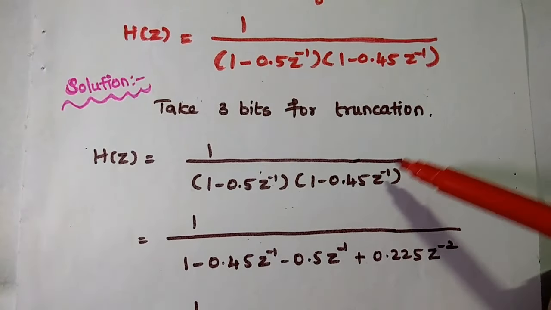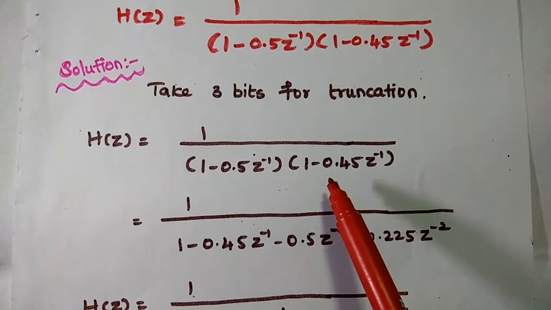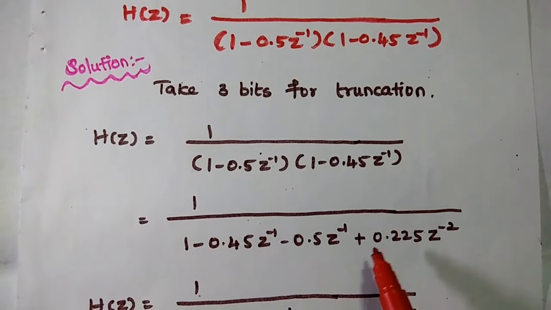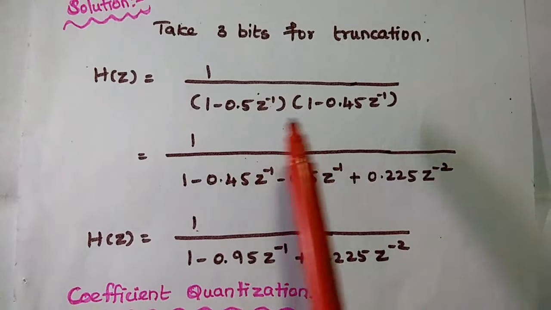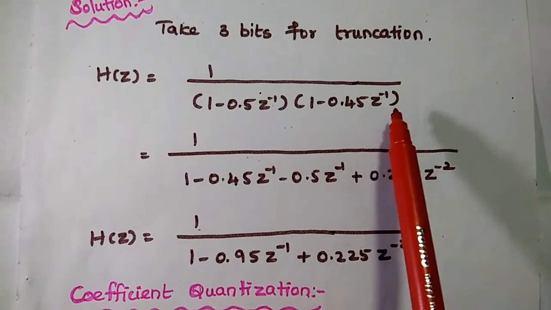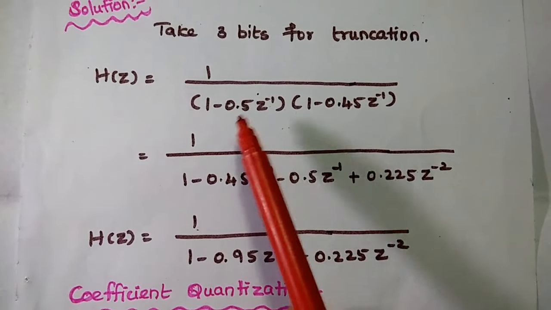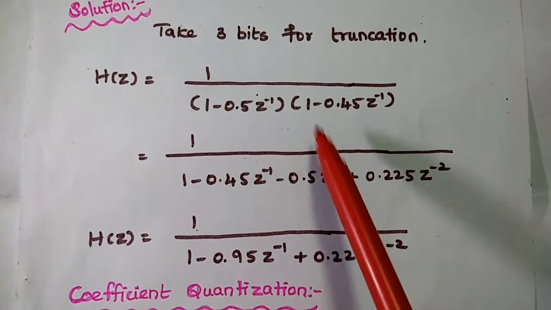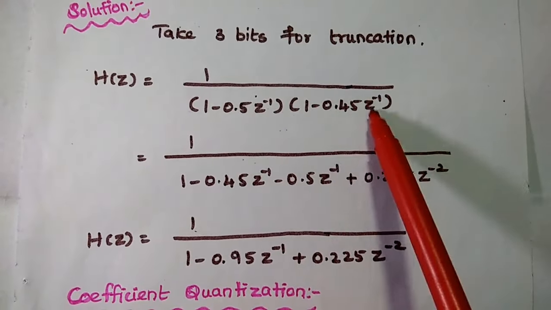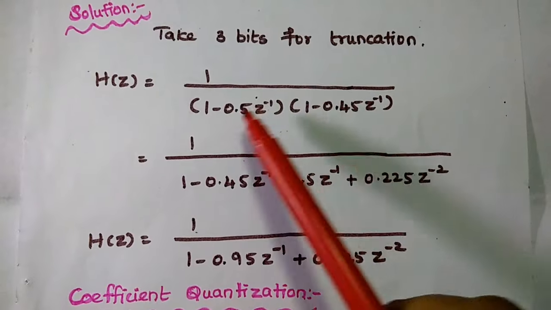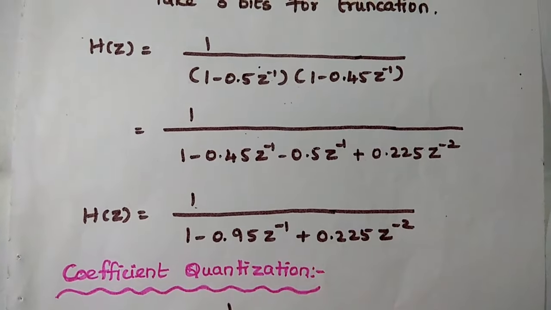First we have to write the transfer function as such. Next we are going to make the denominator polynomial a single expression. We multiply these two terms: 1 into 1, 1 into minus 0.45 z^-1 is minus 0.45 z^-1, then minus 0.5 z^-1 into 1 is minus 0.5 z^-1, then multiplying the last two terms, minus into minus gives plus 0.225 z^-2, correct?